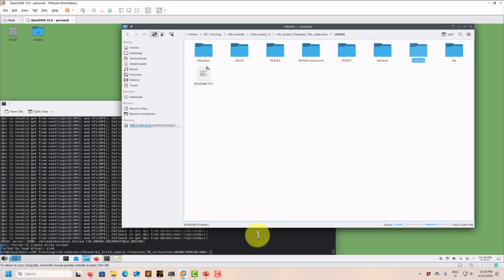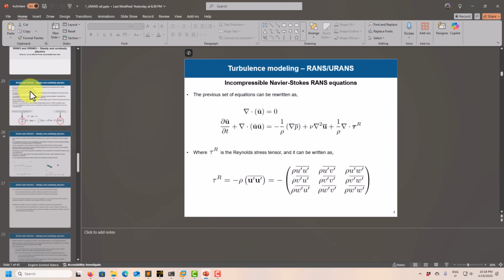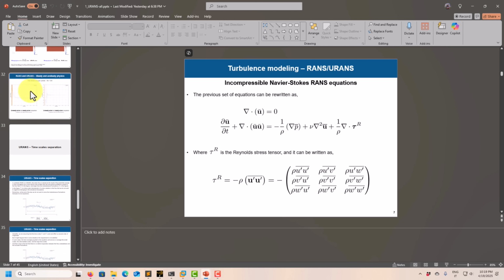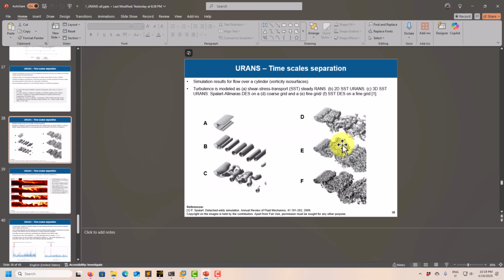So to end this, I want to stress something in URANS, which is the myth of having no URANS solution with less like behavior. That doesn't happen very often, so do not expect to get this with an URANS model. If you want to get this, you should move to scale resolving.